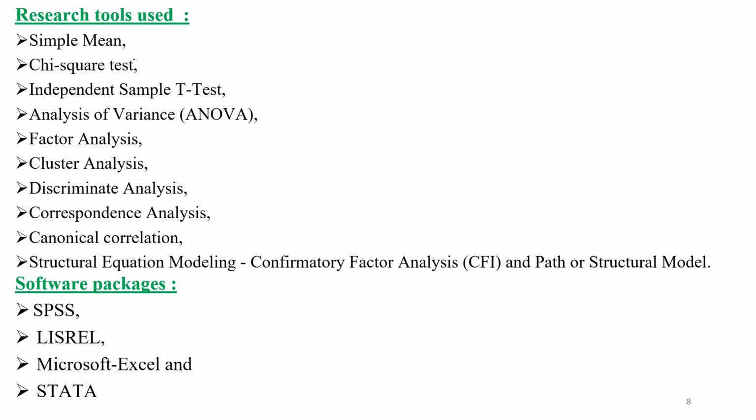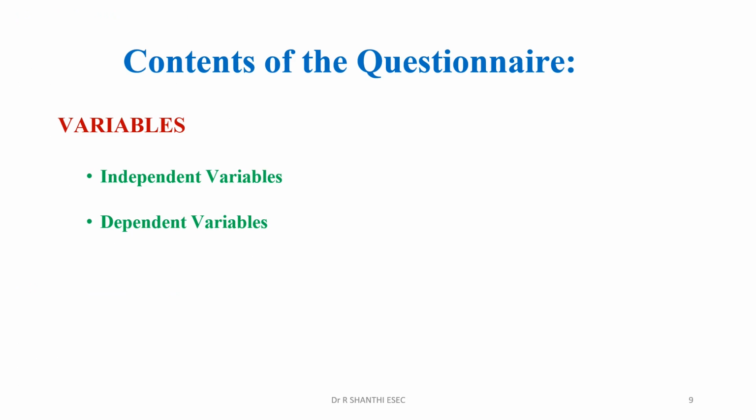That is also a software where we use panel data and time series data. And we have PLS, that is also there. So these are the software packages which are used to analyze social science data.